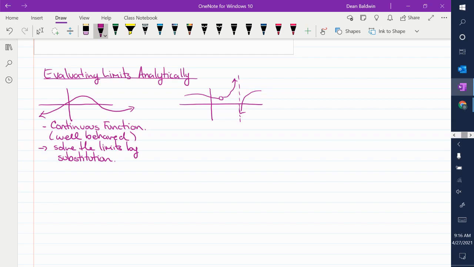But with that, it comes other problems. So this is not a continuous function. So you need to use, I don't want to call them tricks, I'll just say other techniques to solve the limits.